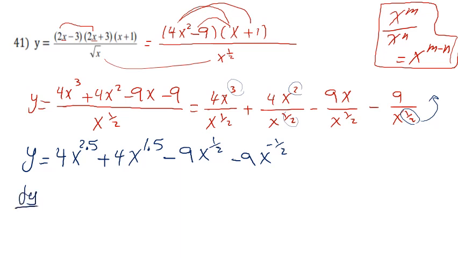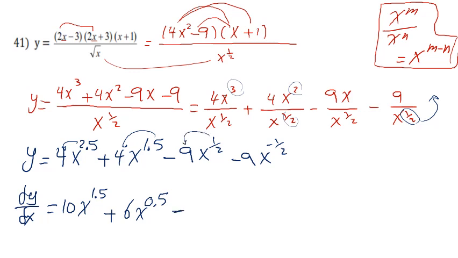Now I can find dy by dx easily. So 2.5 multiplied by 4 is 10. Subtracting from the power 1 is 1.5. Plus 1.5 multiplied by 4 is 6. Subtract from the power 1 is going to be 0.5. Minus half by 9 is 9 over 2 or 4.5.